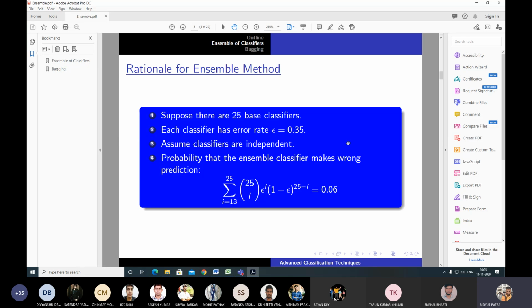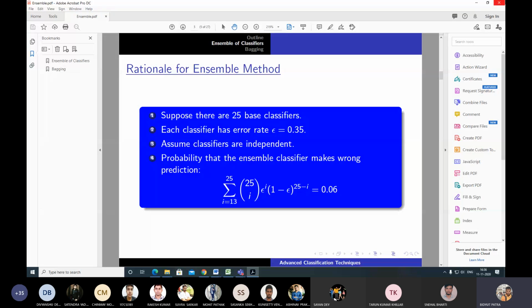Each unknown object will pass through these two models, and then you will take the majority voting. Or instead of majority voting, whenever both say yes, yes, you consider that the right classification, otherwise you reject it. Or if both say no, no, you consider it. If it is 1-1, then you say that this model cannot identify the class label of this object.